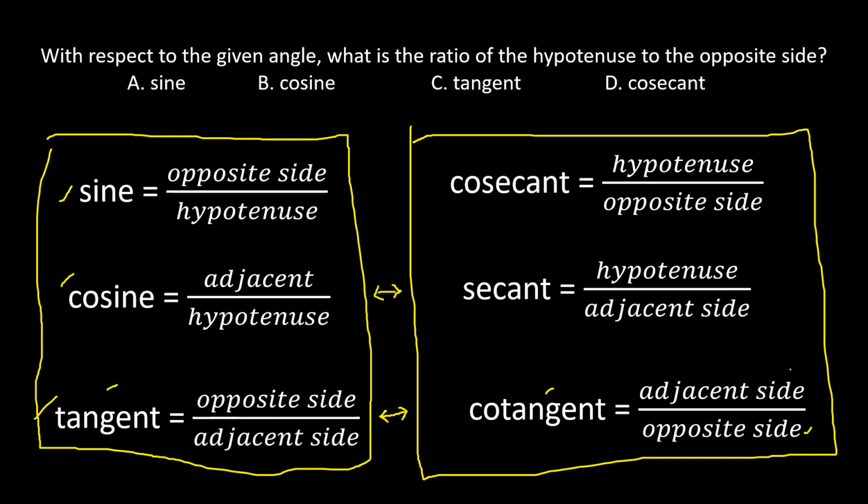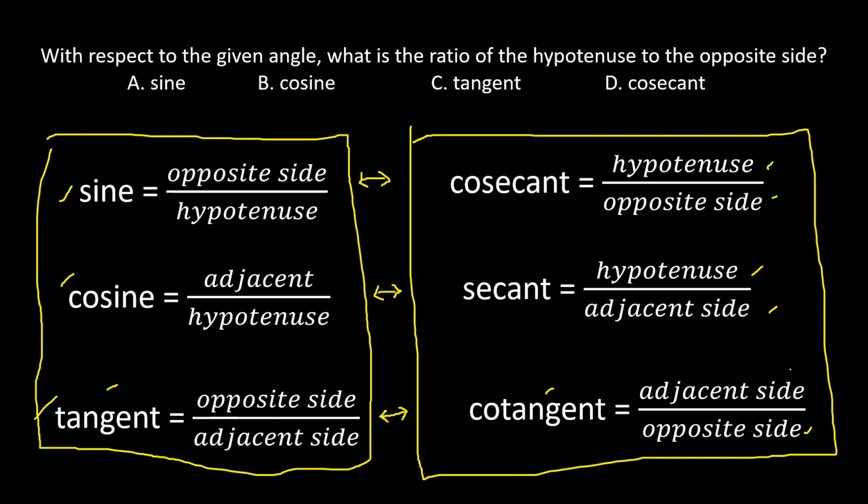As cosine is adjacent over hypotenuse, secant is hypotenuse over the adjacent side. And sine is the inverse of cosecant. As sine is opposite side over hypotenuse, cosecant is the hypotenuse over the opposite side.